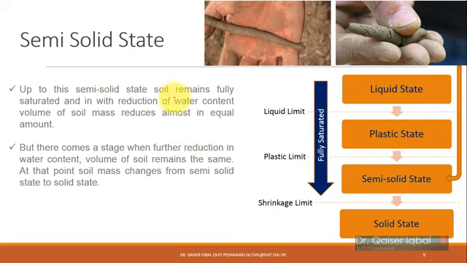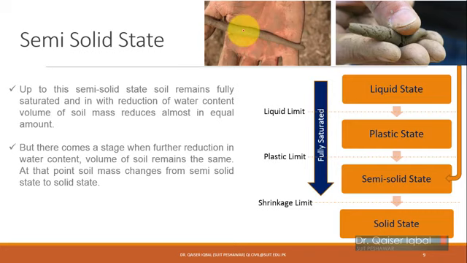In semi-solid state, the soil remains fully saturated still at this point, and if you reduce the moisture content, the volume of the soil will reduce with equal amount up to this point. So starting with the liquid limit and up to semi-solid state, all the soil is fully saturated, which means all the voids are full of water.